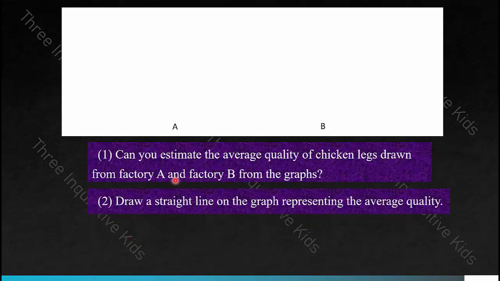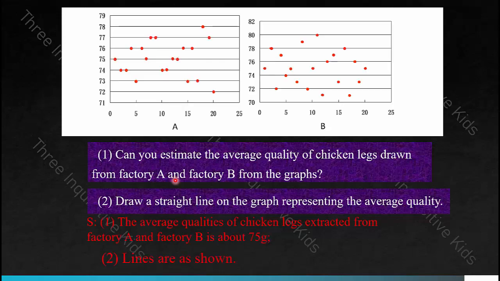Can you estimate the average quality of chicken legs drawn from factory A and factory B from the graphs? Draw a straight line on the graph representing the average quality. So we're going to answer these two questions together. As you can see, this is the chart that shows the quality of chicken legs from factory A, and this is from factory B. The average qualities of chicken legs extracted from factory A and factory B is about 75 grams.